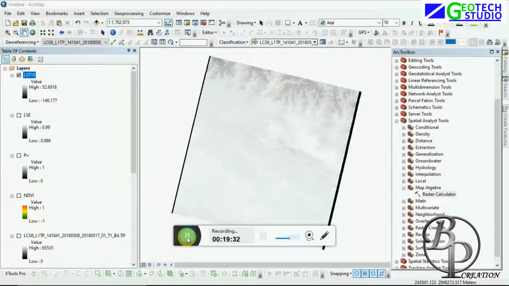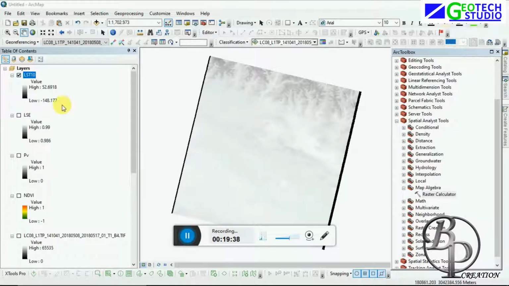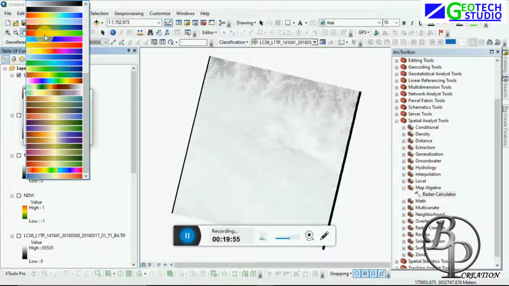You can observe it here, our high and low value, and this low value is that black line of our boundary data. It is not an error, and its high value is 52.69, and I am gonna change its color ramp.